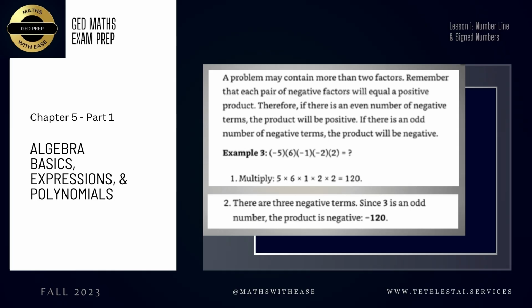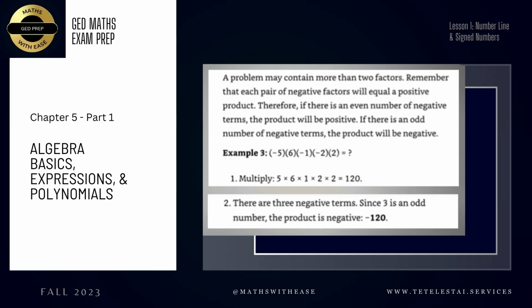That's a different approach. So let's go with the approach that the book is telling you. Multiply 5 by 6 by 1 by 2 by 2, you get 120. And then since you have 1, 2, 3 negative terms, just add a negative sign to your final answer, which I think is a lot easier than the approach that I use.